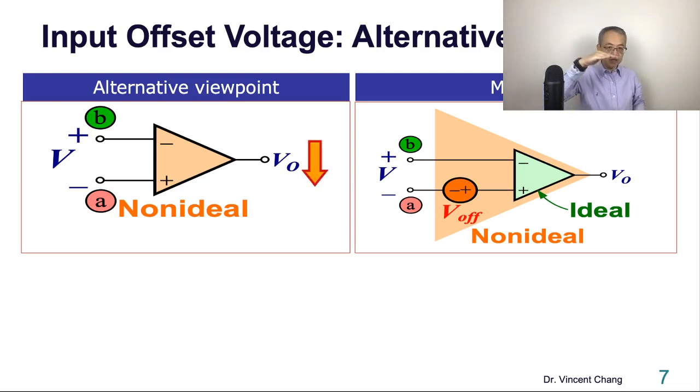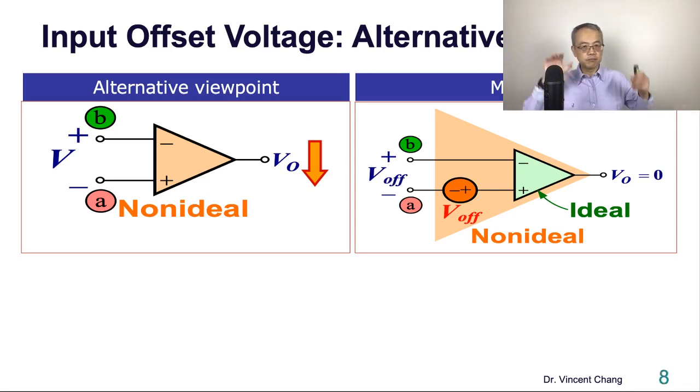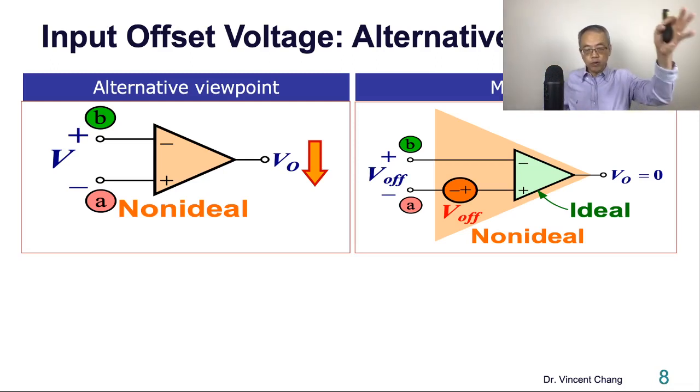And it goes down to the point where the external cancels out the internal, with the same magnitude but different sign. Then the output will go down to 0.